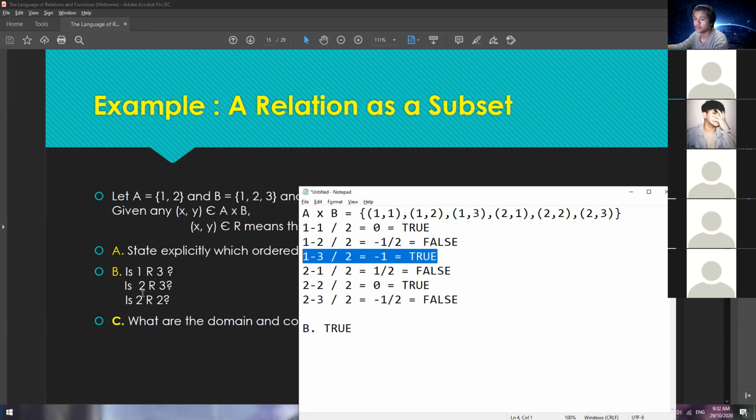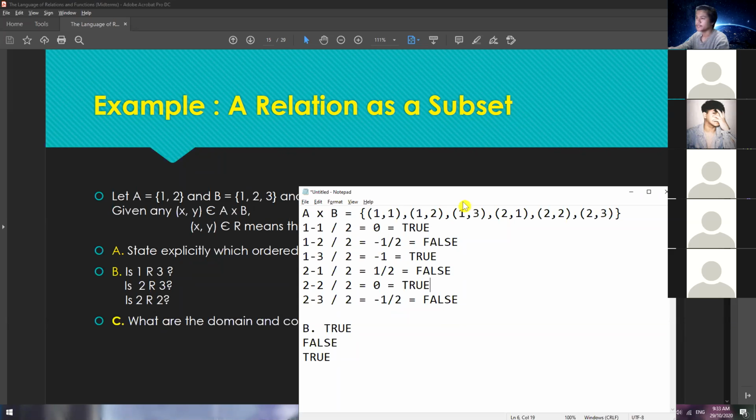Is 2 in relation to 3? No. This one is false, because our 2, 3 is false. How about 2 R 2, or is 2 in relation with 2? True, sir. Since in our case, we computed earlier that it is true, it is an integer.